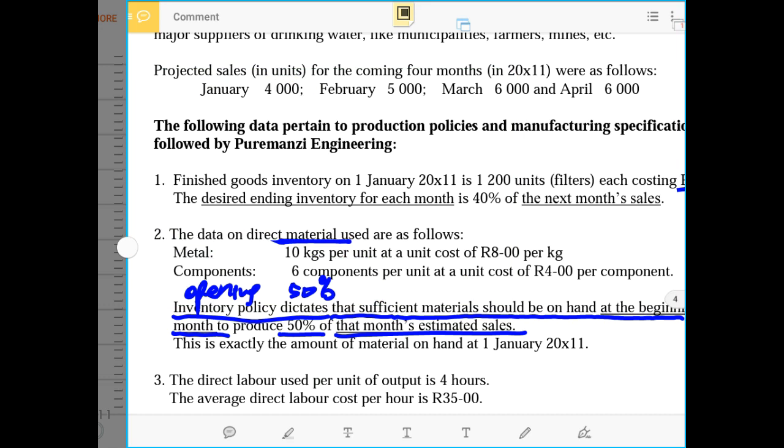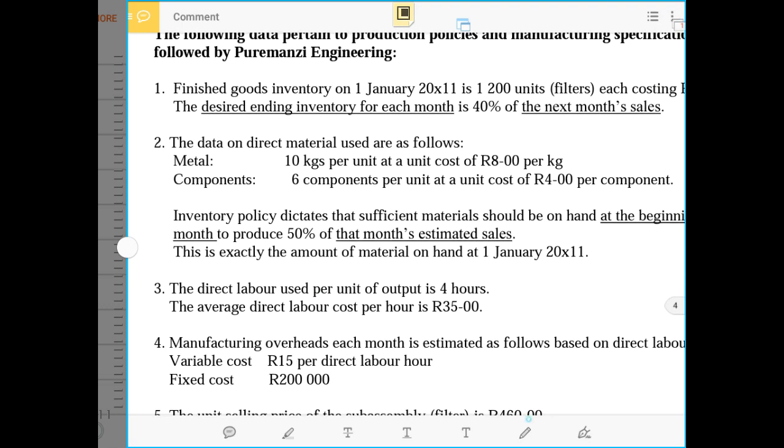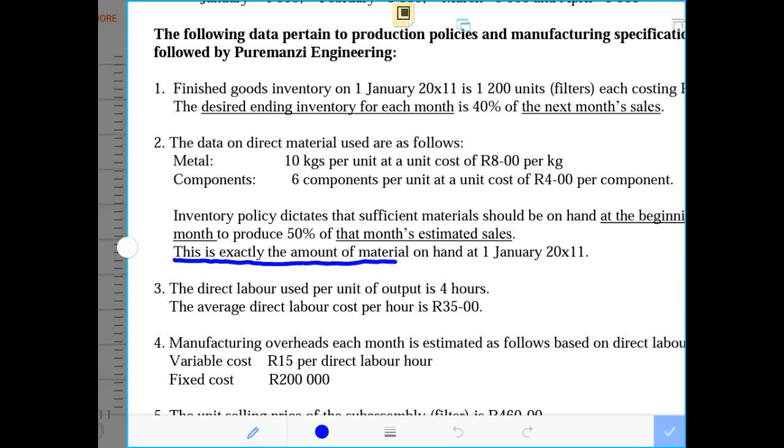However, I will do this aspect, although it is not required, because it is very important. You might be tested and you need to understand such intensive questions. Then they further tell us that this is exactly the amount of material on hand on the 1st of January in the year 2001. That means it is the opening inventory.